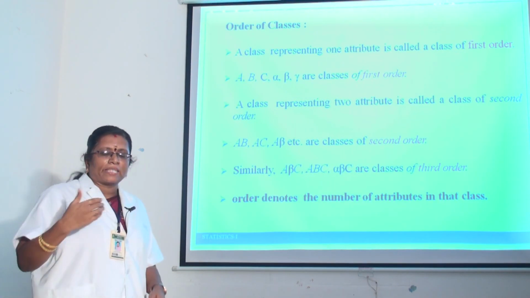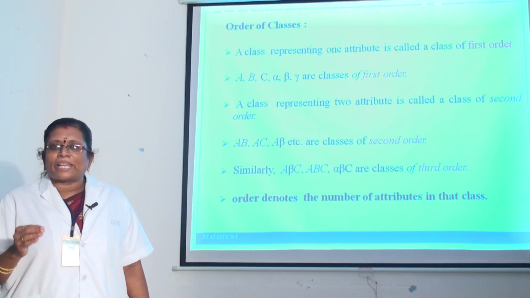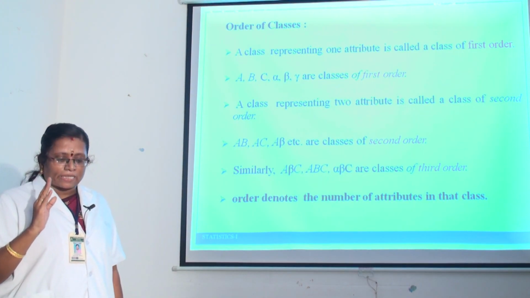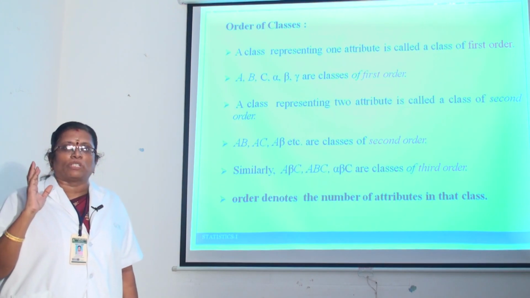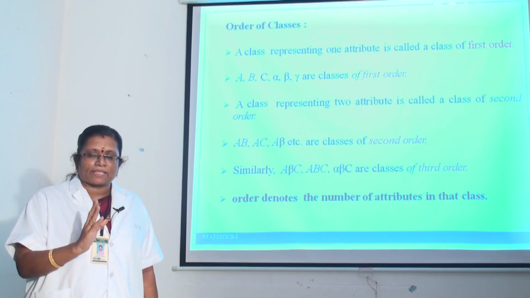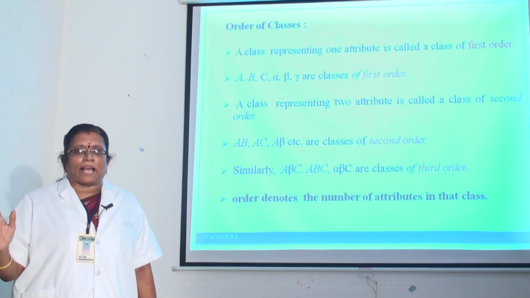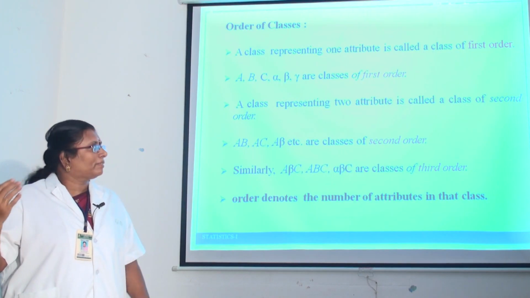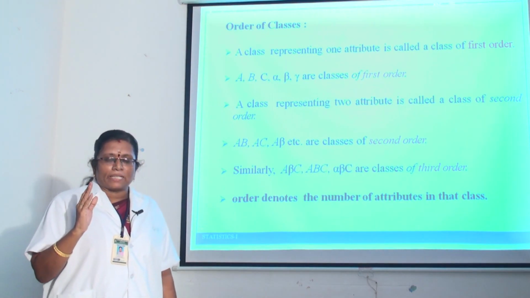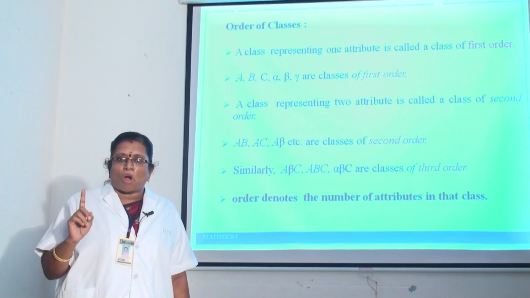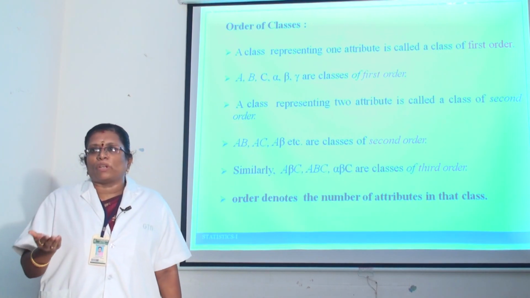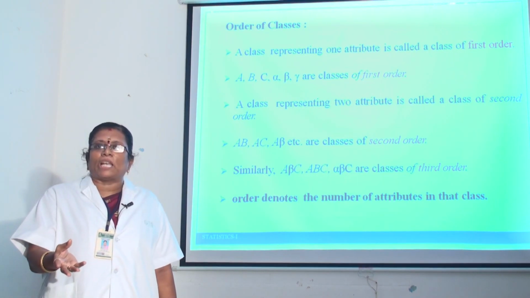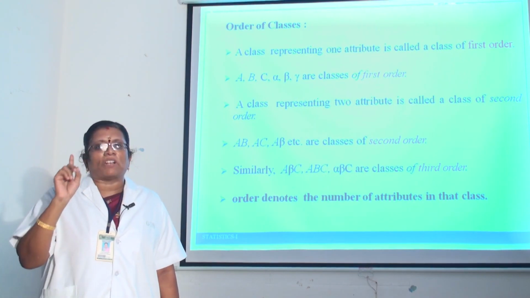The next thing we are going to see is the order of a class. What is the order of a class? The order of a class depends upon the attributes, that is first order, second order and third order. A class representing one attribute is called first order. I already told that we denote it with capital A. So if I denote it with capital A, then it is first order.